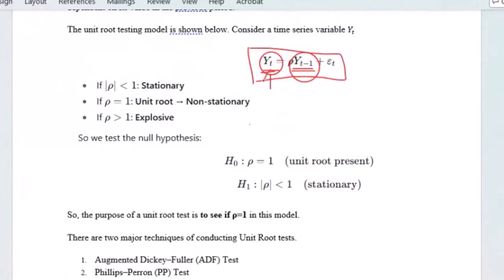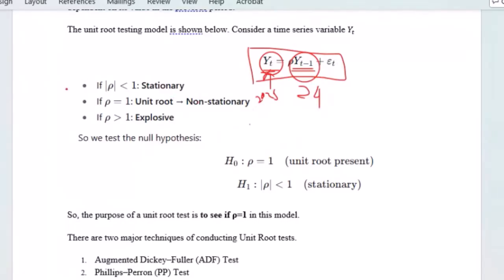So if this one is 2025, then we are assuming that this one is 2024, that the current period is affected by the previous period.